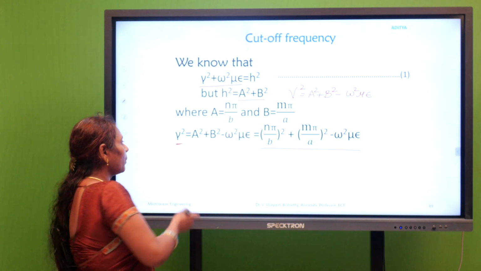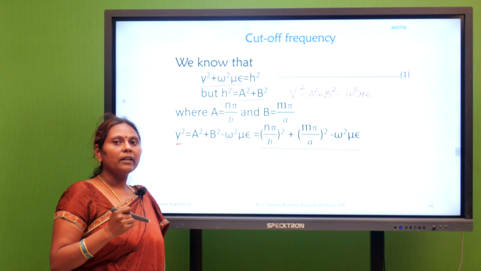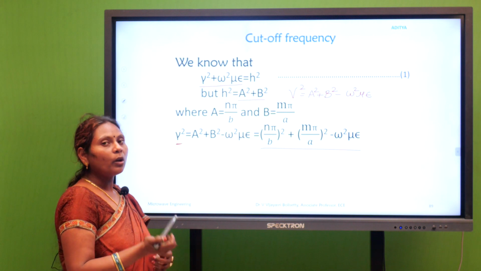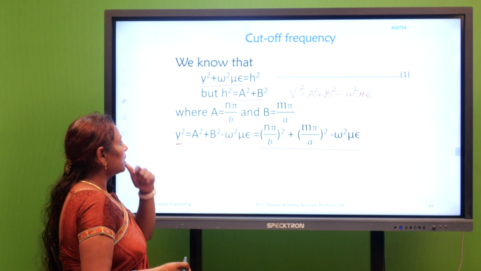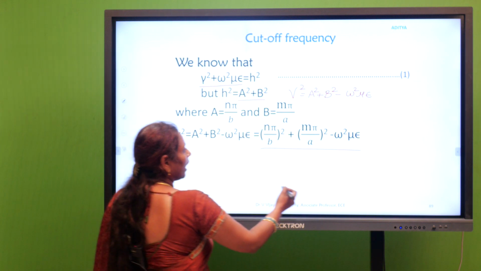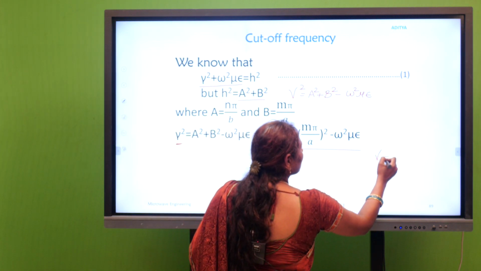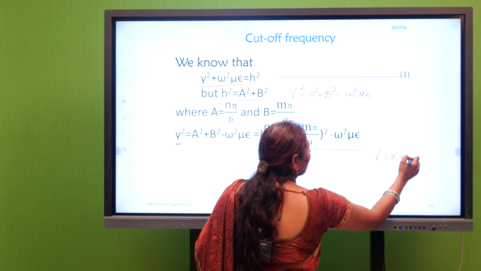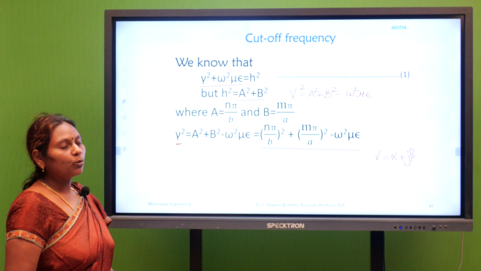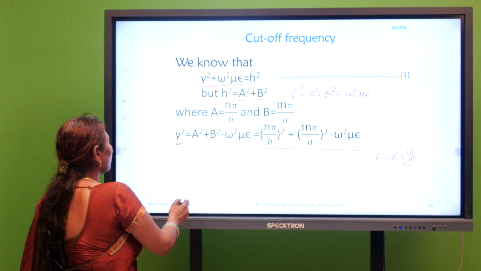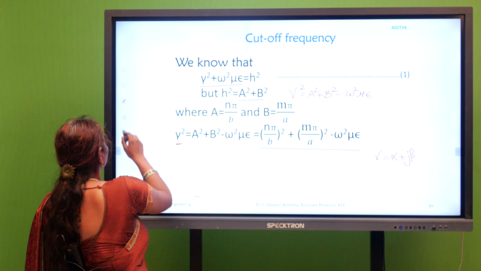So this gamma can be a real and positive coefficient, or it can be an imaginary coefficient. That is the reason why we have defined gamma simply as alpha plus j beta.